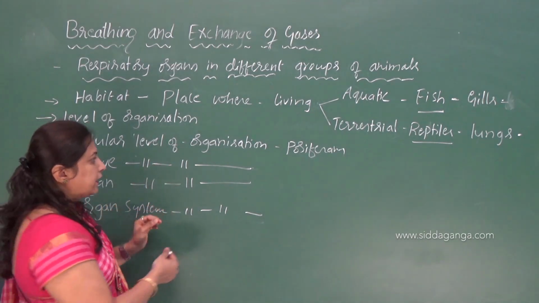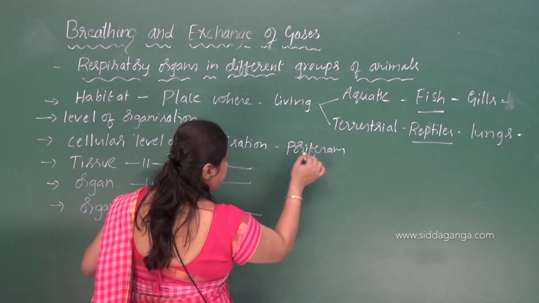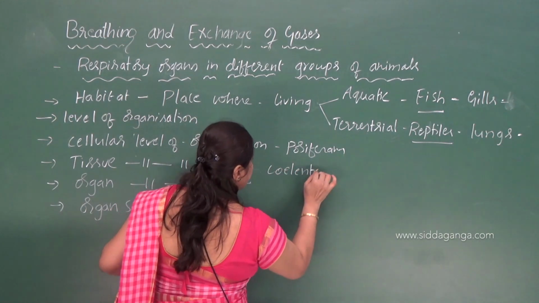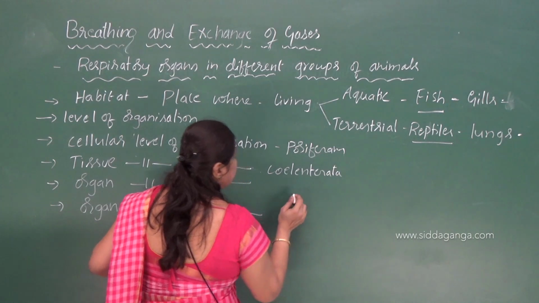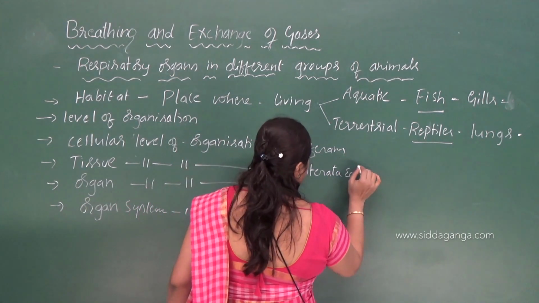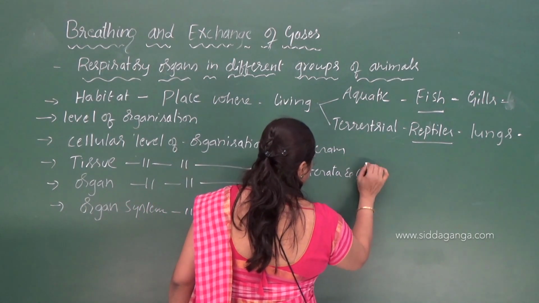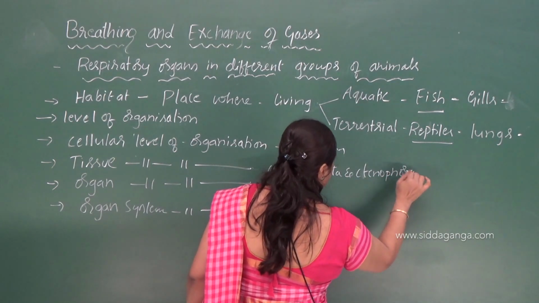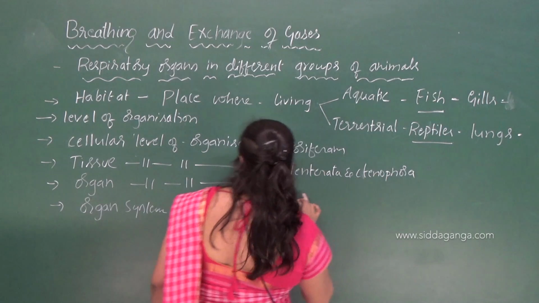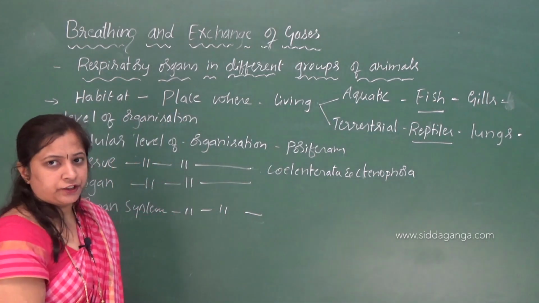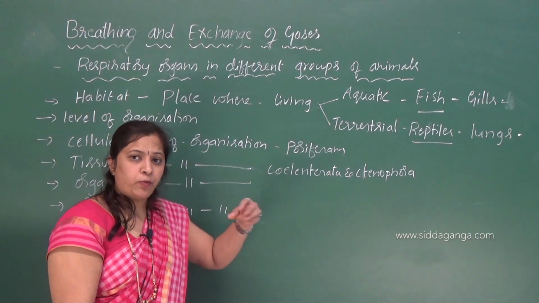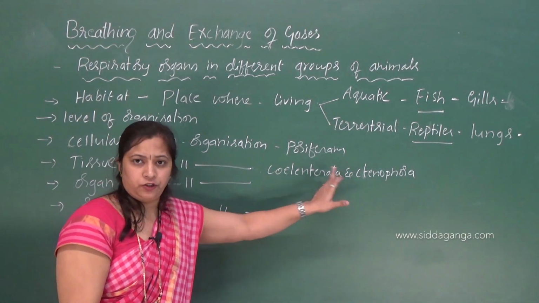So in coelenterates, the next phylum after Porifera is Coelenterata, and Ctenophora. In these phyla, there is a tissue level of organization where organs and organ systems are completely absent. So body functions are carried out at a tissue level.